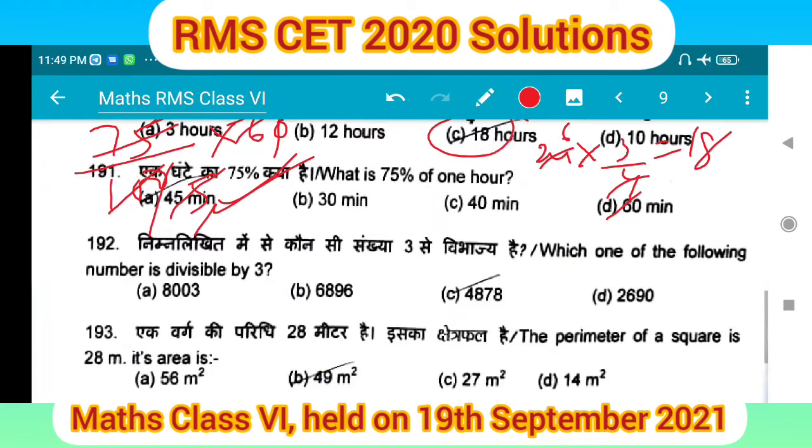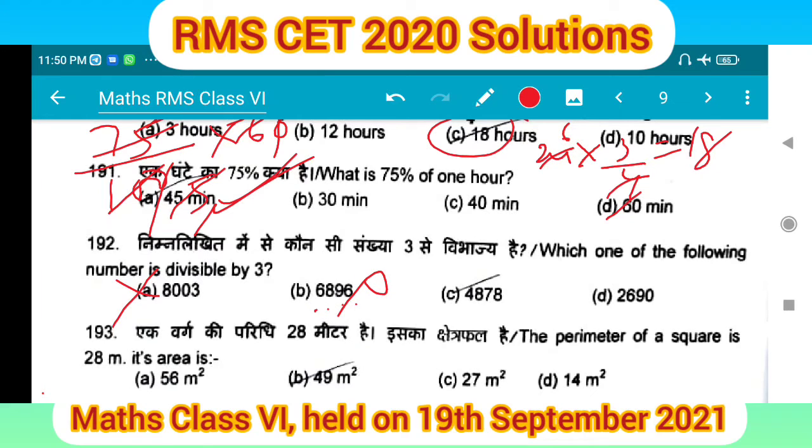Right? Which one of the following numbers is divisible by 3? Which number? If we sum 8 plus 3 is 11, 11 plus 1 plus 1 is 13, this is not divisible. 6 plus 6 is 12, plus 6 is 18, plus 8 is 26, this is also not divisible.